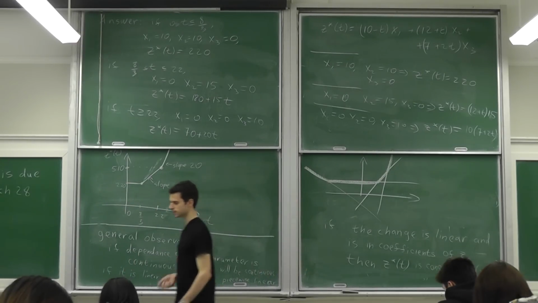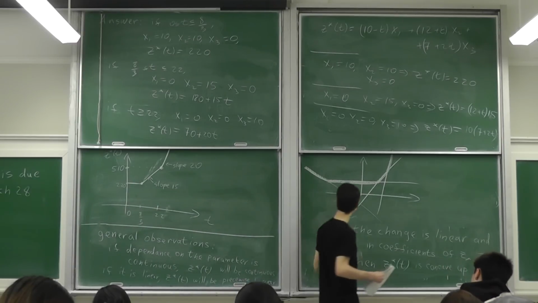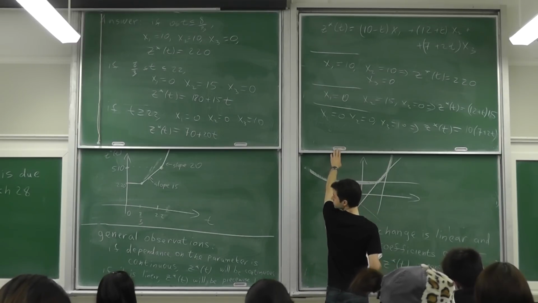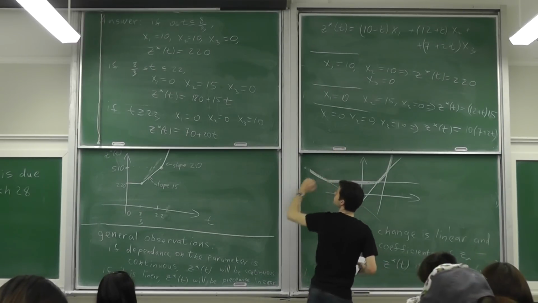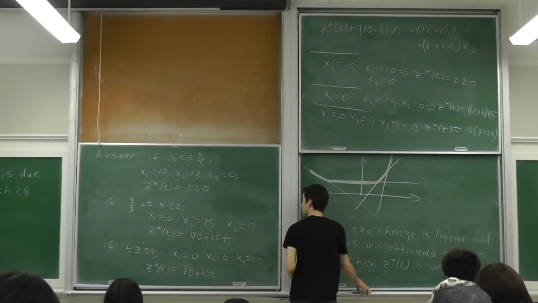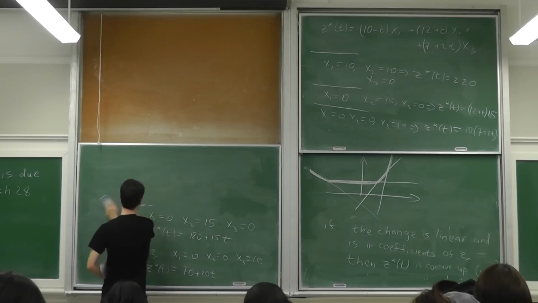Okay, so let me discuss another kind of change, which is maybe even more common. So we'll have a change of the original problem. So let me recall the original problem.